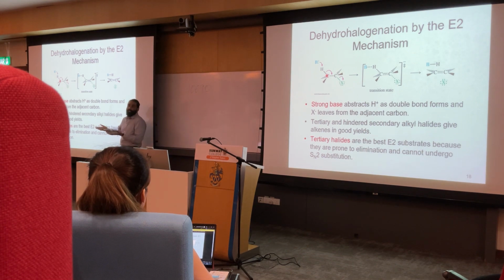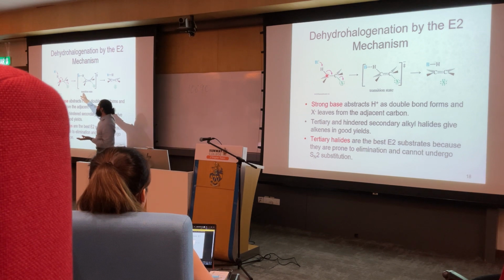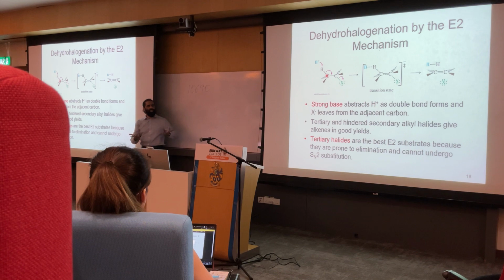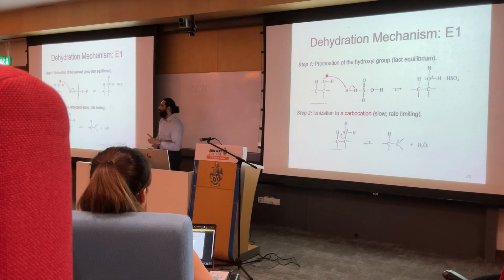That's why we write E2 to differentiate it from the other type of mechanism, which is E1. So E is for elimination, but 1 suggests that you only need one reactant to control the rate of this reaction. Therefore, E1 mechanism.